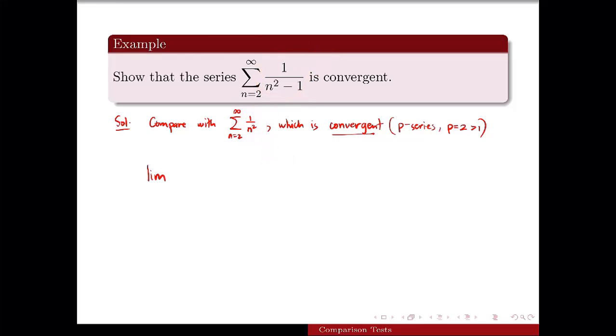The limit of 1 over n squared divided by 1 over n squared minus 1, as n approaches plus infinity. This is simply the limit as n approaches plus infinity of n squared minus 1 over n squared. Or this is just the limit as n approaches plus infinity of 1 minus 1 over n squared. And this is equal to 1, which is positive.